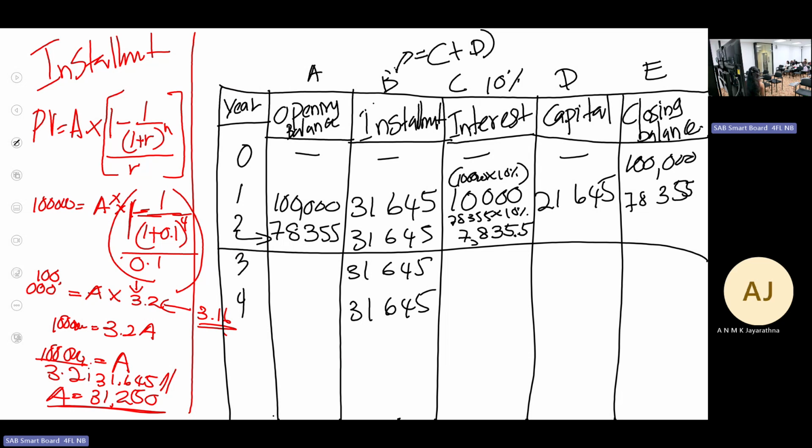Installment minus interest will give us the capital amount. 23,809. Opening we had this much. We paid this much. What is the remaining?